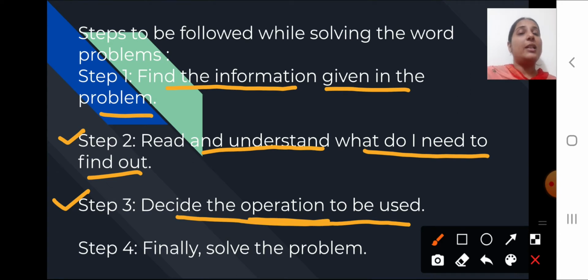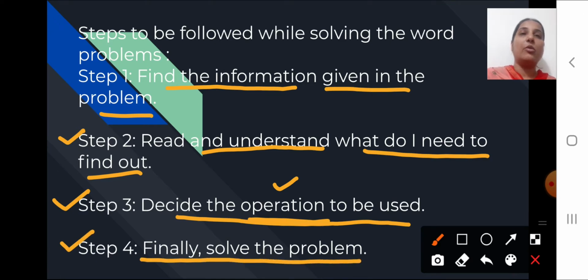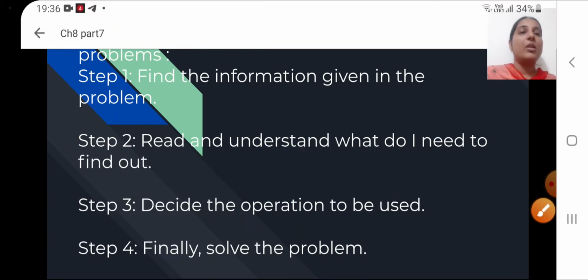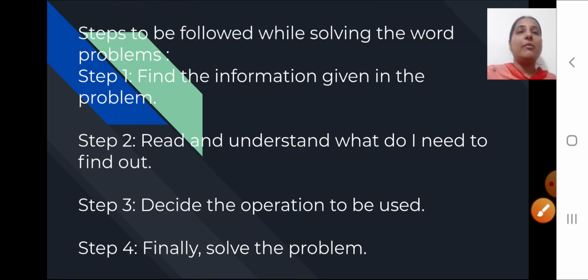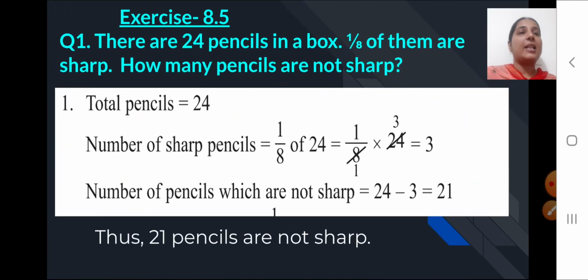So in step 3, you will decide which operation to be used, whether it is addition, subtraction, division or multiplication. And step number 4, finally you will solve the problem. So these are some steps. If you follow these steps, it will be very easy to get the answer of a word problem. Based on that, we will start exercise 8.5.